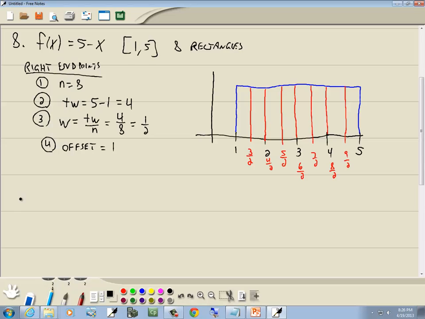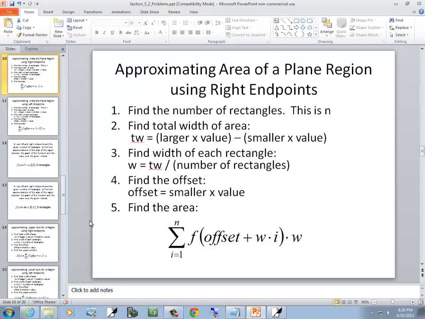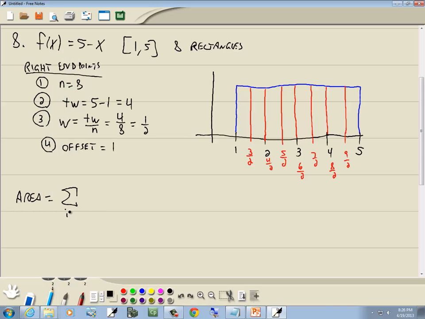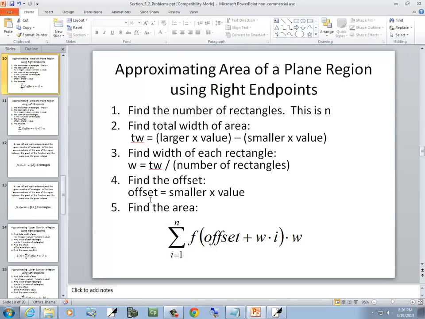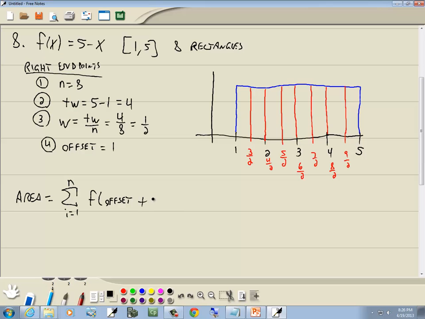So the area is going to equal the summation of i equals 1 to n, and f of our offset plus our width times i, times our width. Okay, so we got i equal to 1 to n.